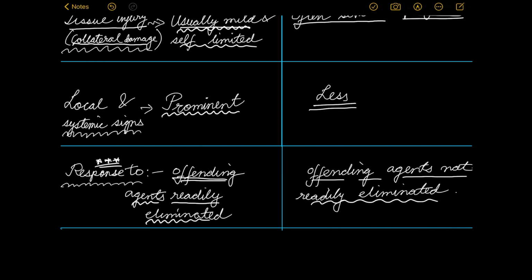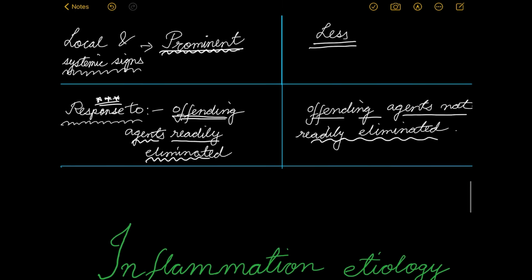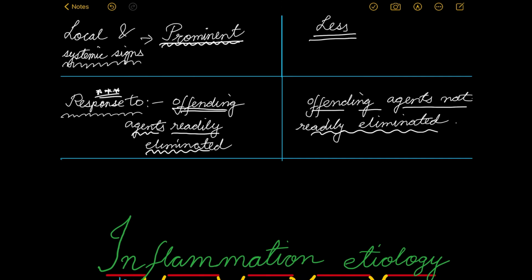These are very prominent in acute inflammation. So, can you now understand what acute inflammation is? It all stems from the offending agent. What exactly is the stimulus for the inflammation to occur in the first place? That decides what kind of inflammation it will be.